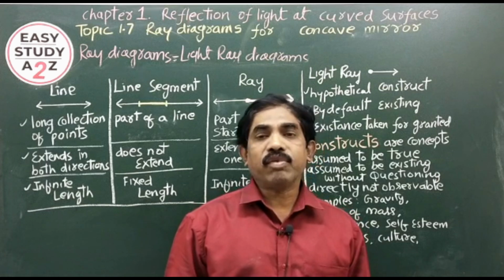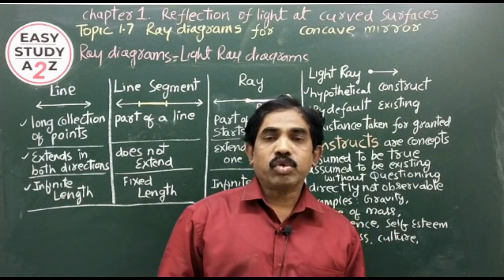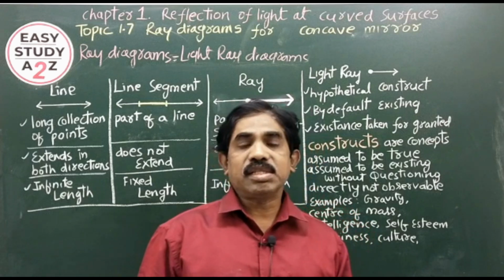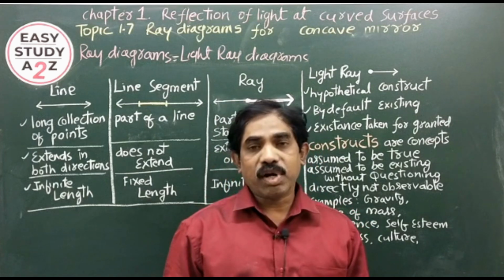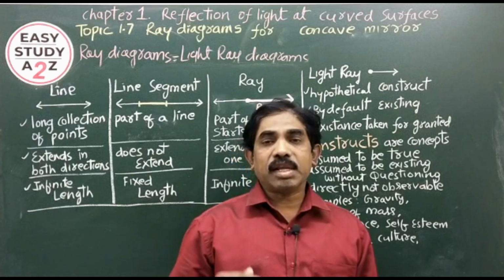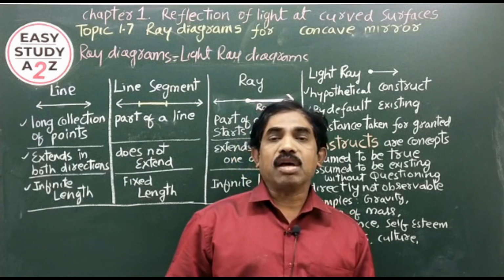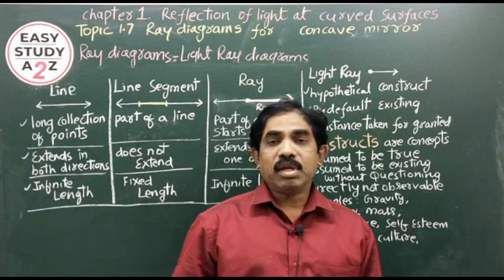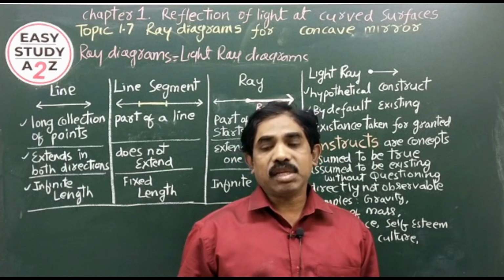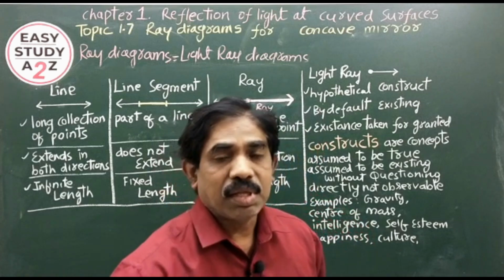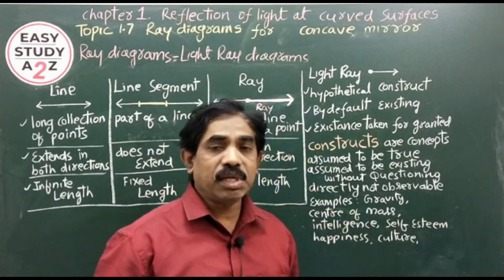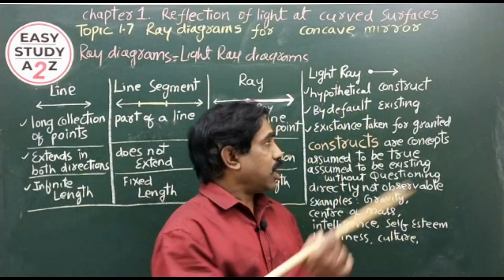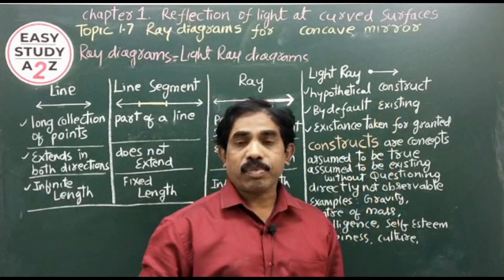They are taken for granted, and their existence is taken by default. Based on these constructs, we develop other theories and explain other concepts. See here, a light ray is a hypothetical construct.